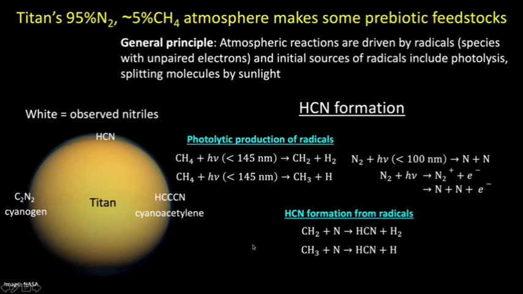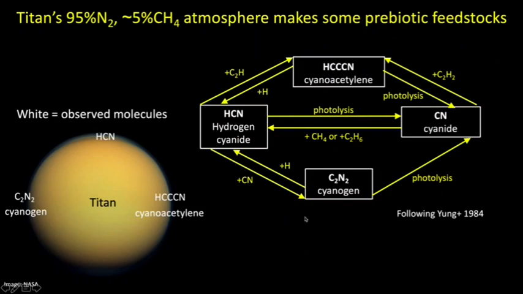And then the radicals that are derived from the methane, along with the nitrogen atoms, can combine to make HCN. From cyanide, the other nitriles can be formed from the reaction of radicals and hydrogen cyanide. So this is shown in a schematic diagram here of major pathways for cyanoacetylene and also cyanogen.